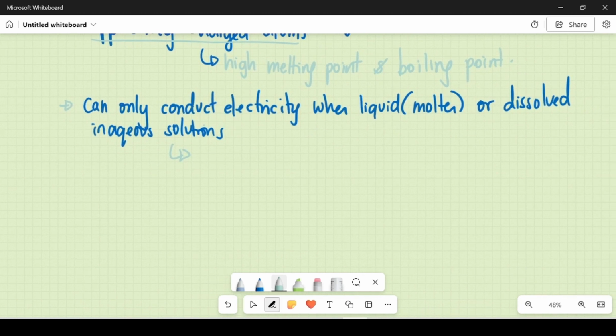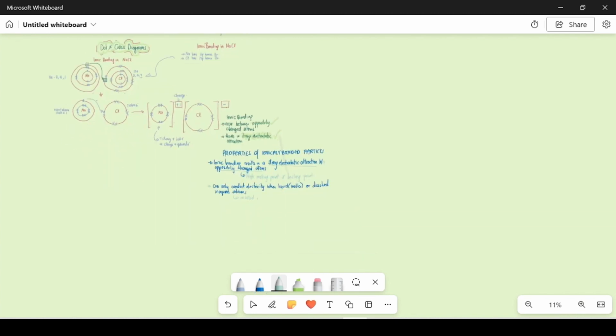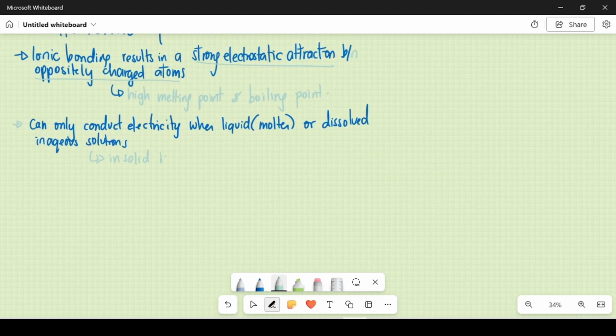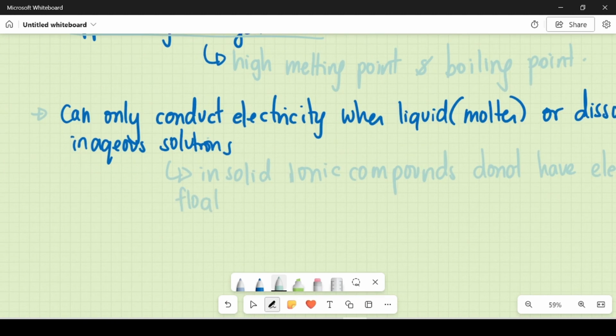Okay. So the reason of this is because in solid ionic compounds, let's zoom in a little bit, do not have electrons floating around to carry charge.